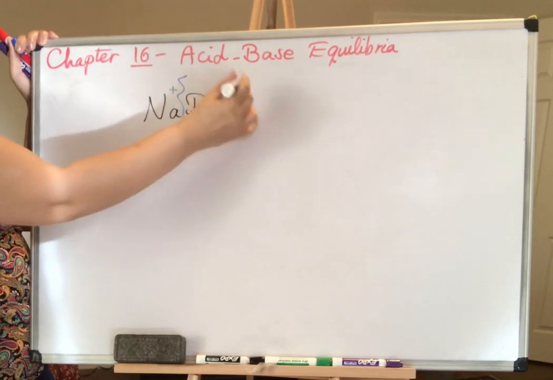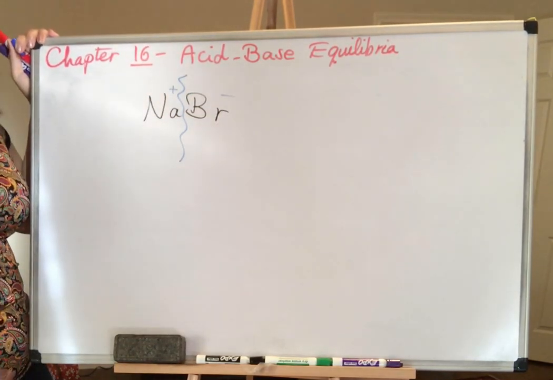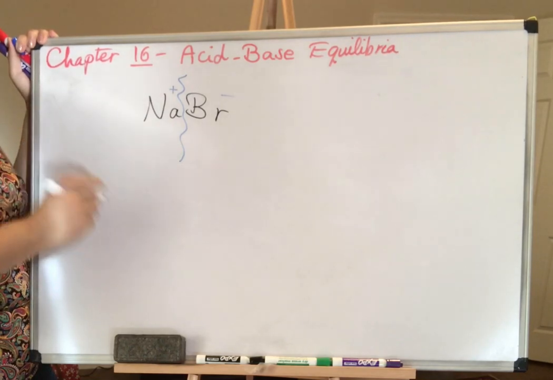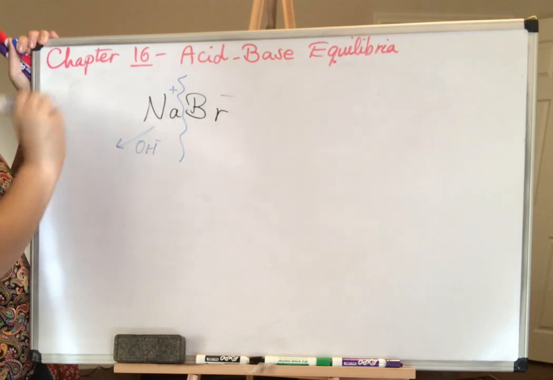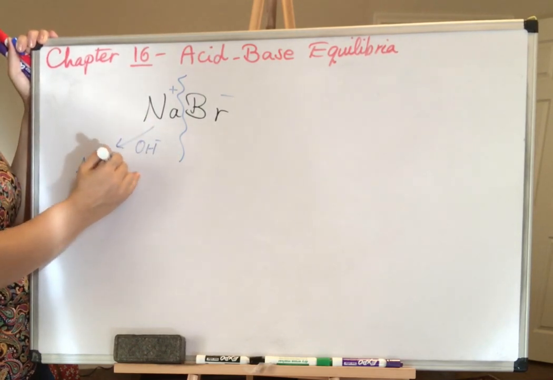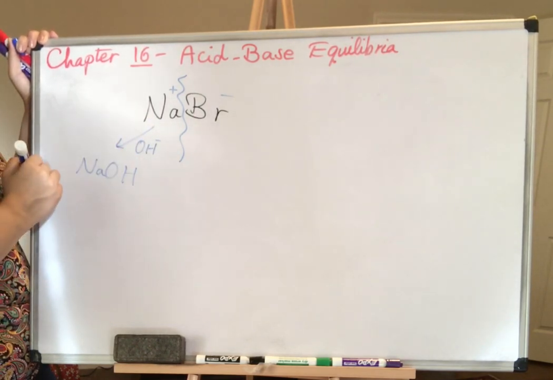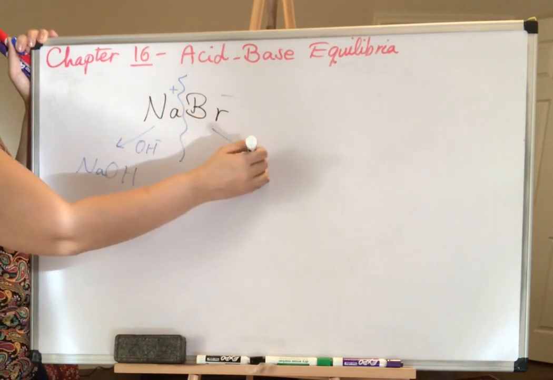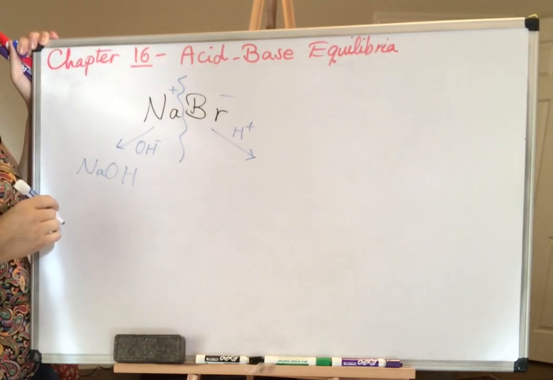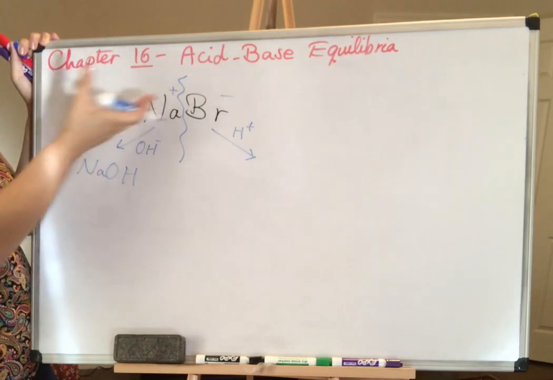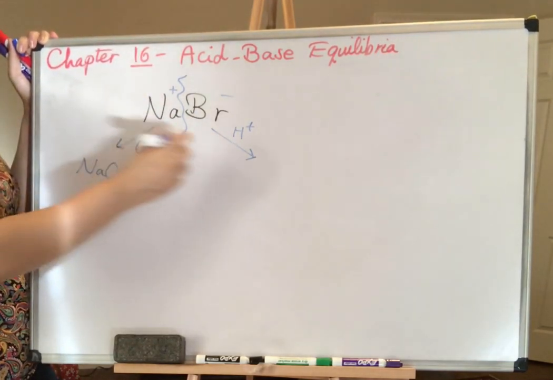The cation comes first and the anion comes second, from Chem 1. Now, you add the cation to OH, so it will form NaOH, right? You add H to the anion, or you dissolve them in water, they will form these.